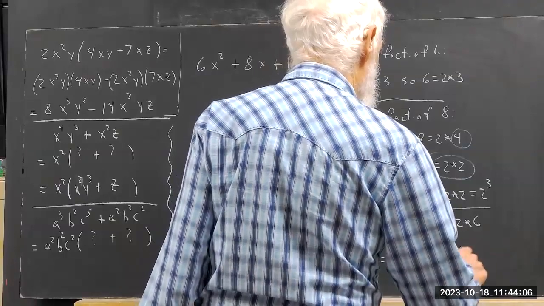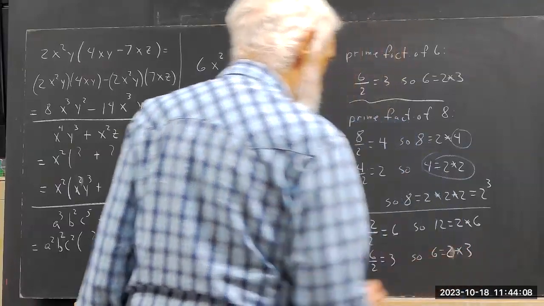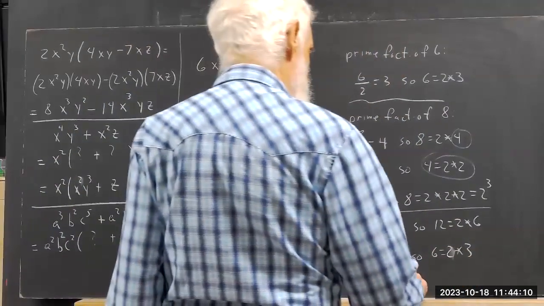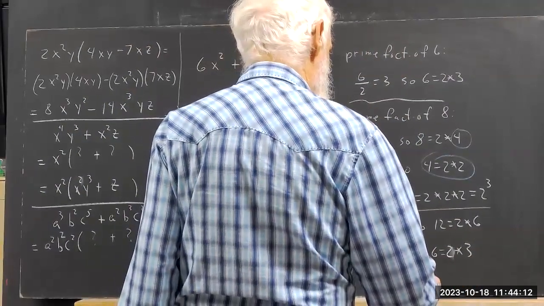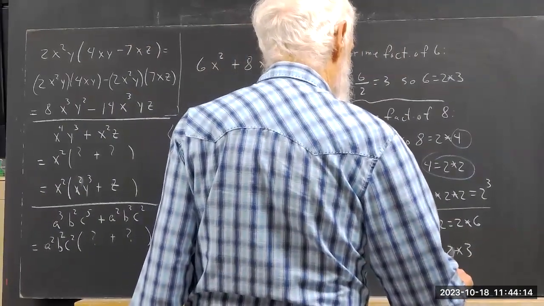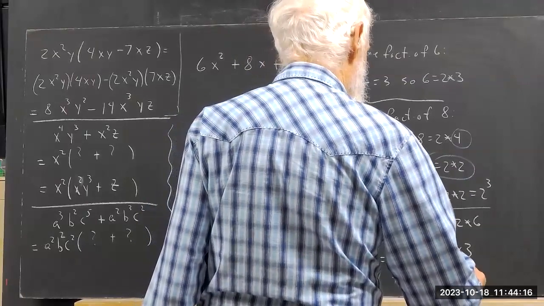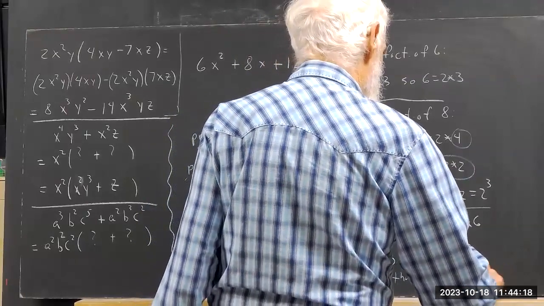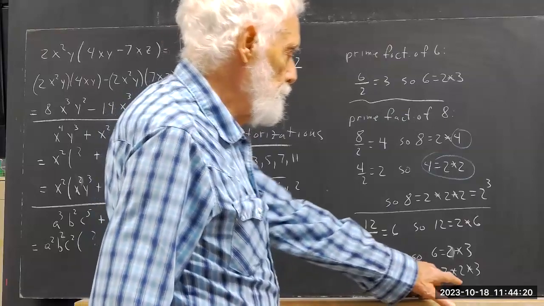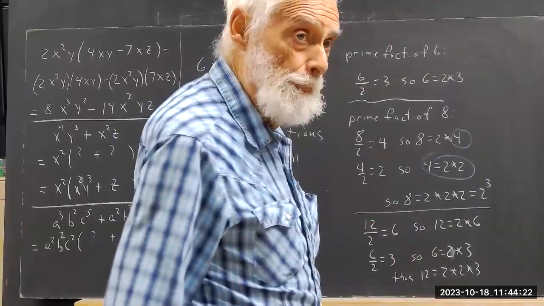I'll write the smallest prime first, usually, 2 times 3. So 12 equals 2 times 2 times 3.